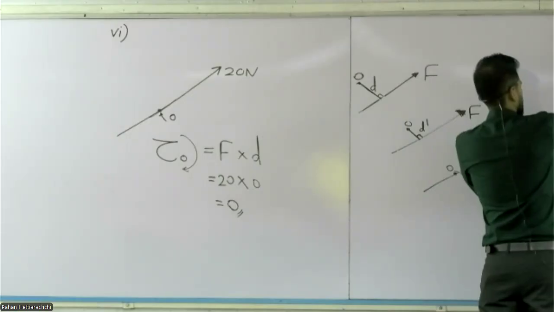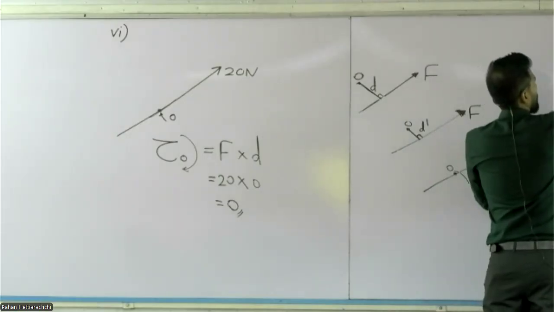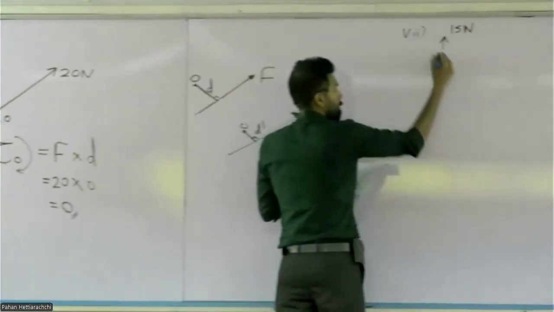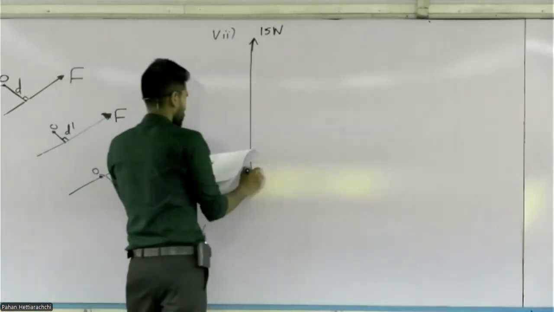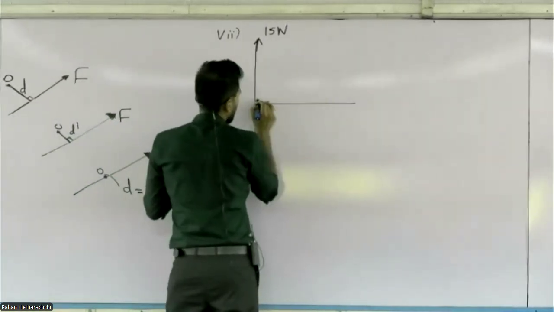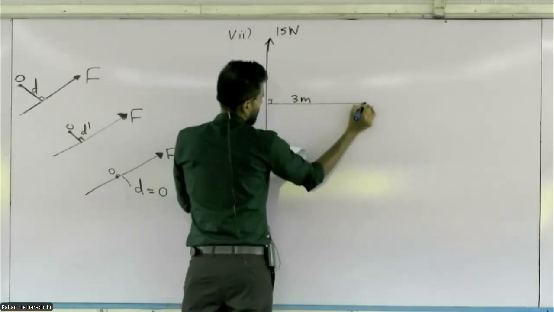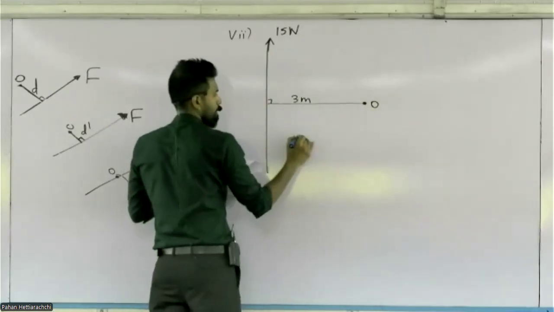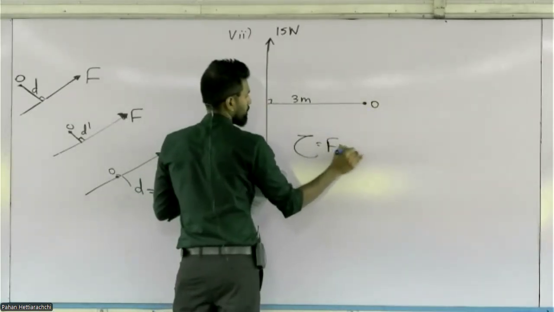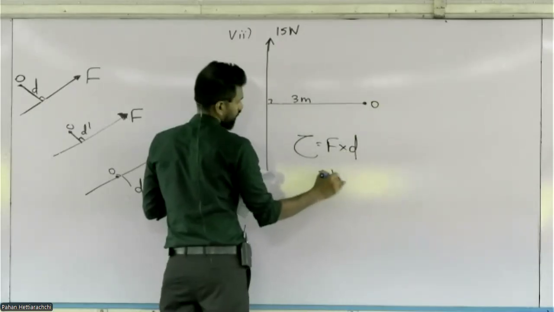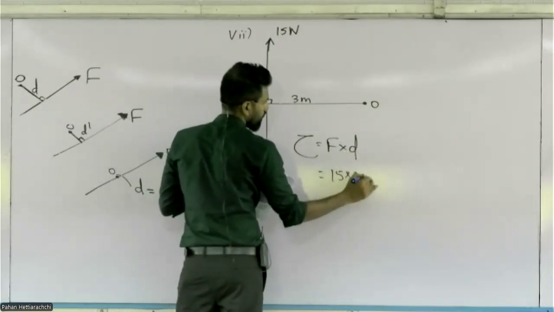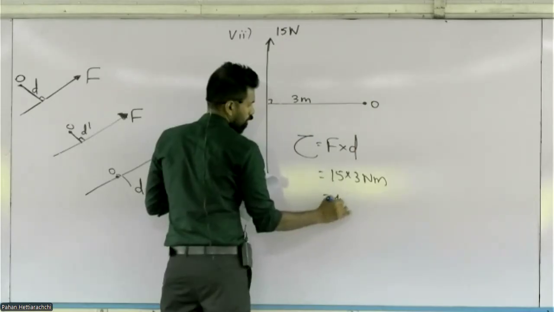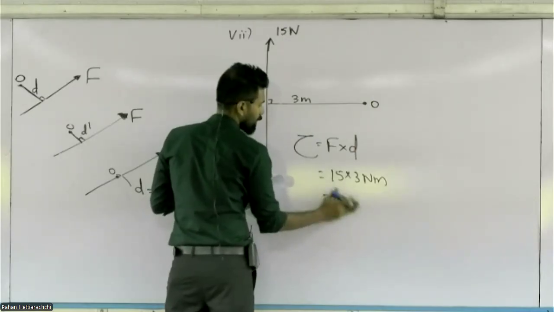This is a 15 Newton force with a perpendicular distance of 3 meters to the considered point. Moment is equal to force times perpendicular distance, 15 times 3 Newton meters. Moment is 45 Newton meters.